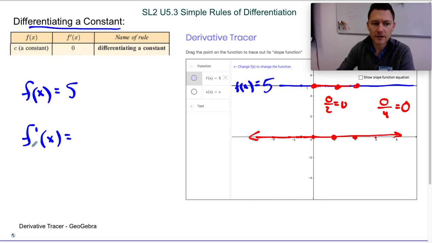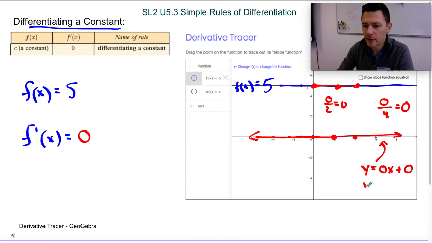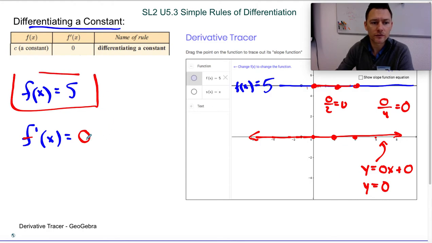The equation for this line is y equals 0 x plus 0, otherwise known as y equals 0. So the constant, the differentiated form of this is just 0.